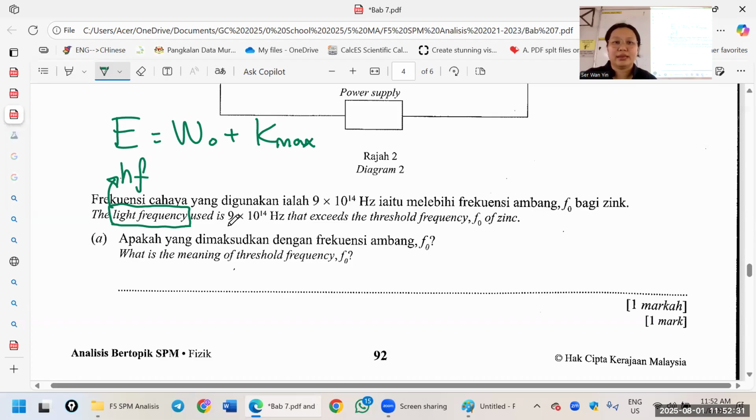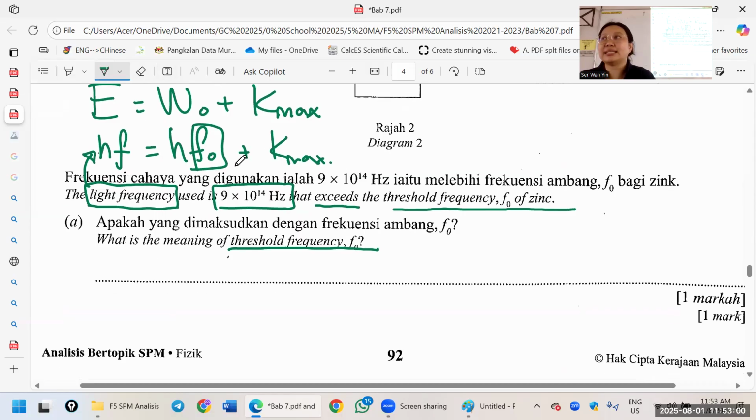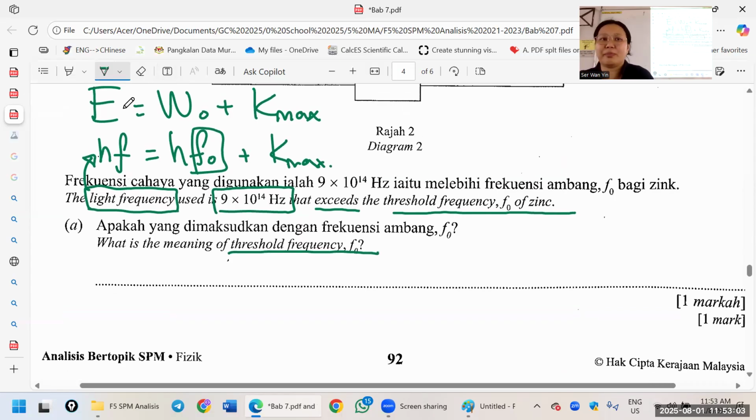Now, this one, that exits threshold frequency F naught of the zinc. So F naught means the metal. F only means the light plus K max. Now, what is the meaning of threshold frequency? Okay, please memorize this. This is the formal sentence you memorize.